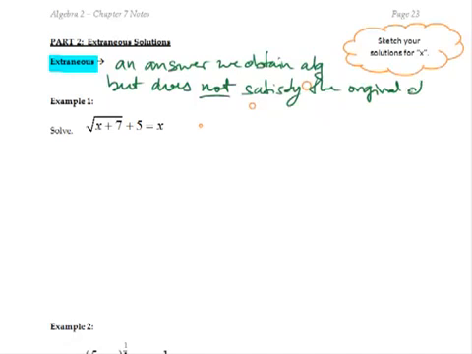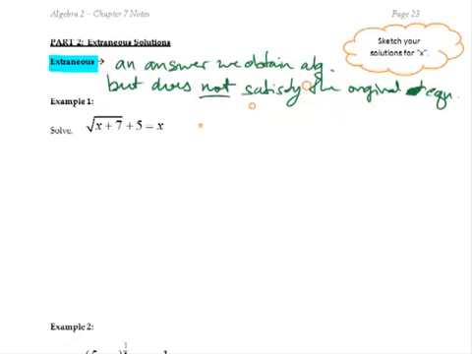Meaning when we go back to check, it doesn't work. These are not true solutions. They do not work, so we will discount them. We will not leave them in our final answer.